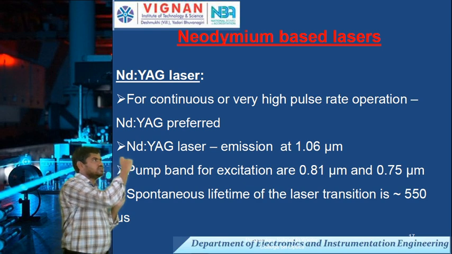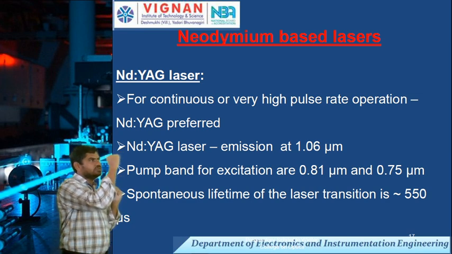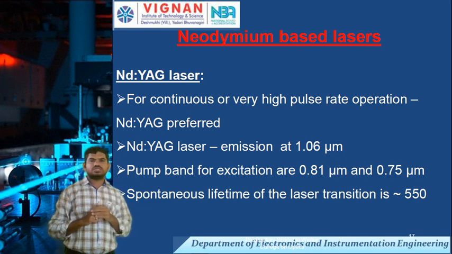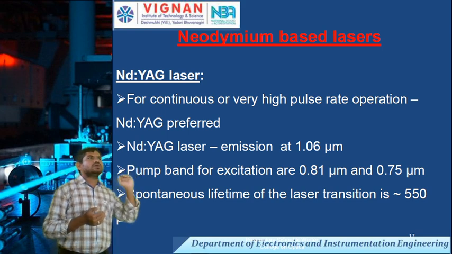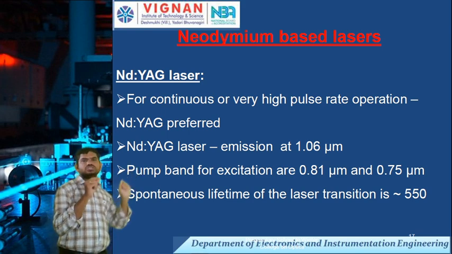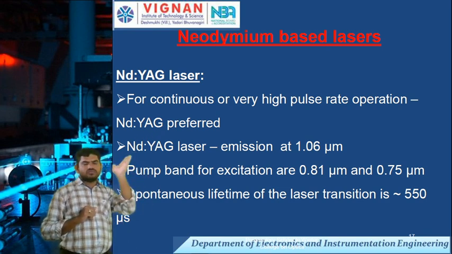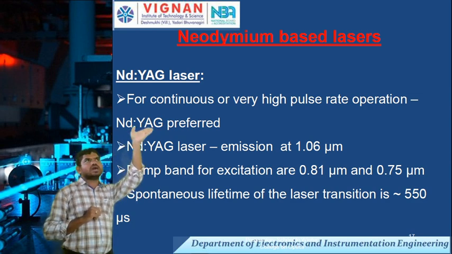The population inversion occurs from the energy level E2 to E3 to E1. The emission wavelength is 1.06 micrometers, and the pump band of excitation is within the range of 0.81 micrometer to 0.75 micrometer, where the spontaneous emission is going on.